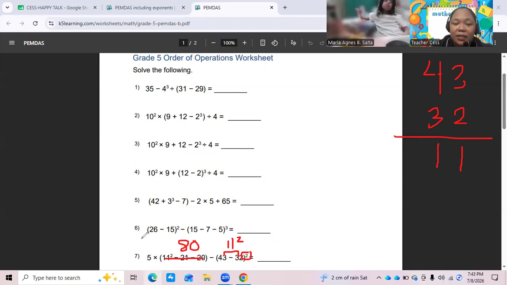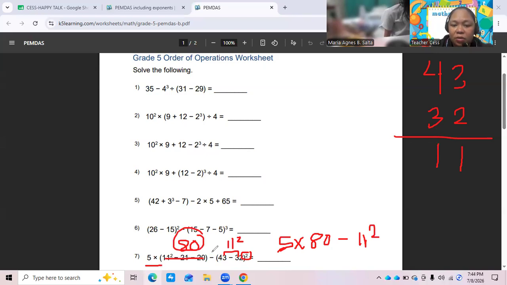But before we do that, let's rewrite the numbers remaining. 5 times 80 minus 11 squared. Am I right? Look: 5 times 80 minus 11 squared. 5 times 80 is 400.